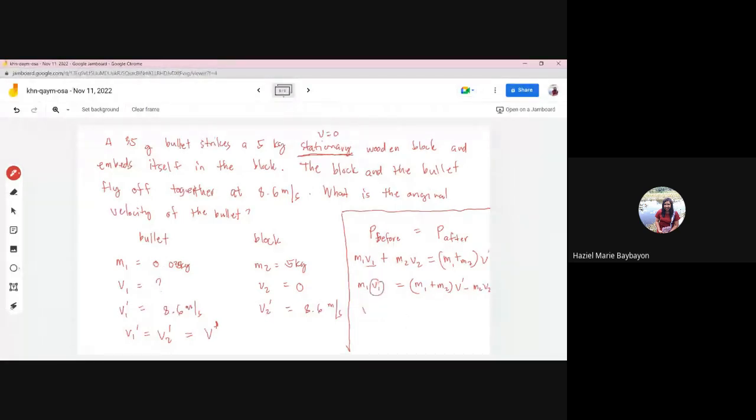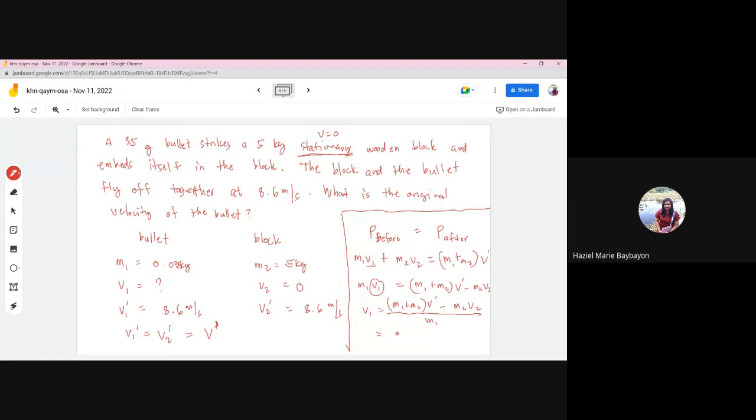So you have V1 equals M1 plus M2 times V prime minus M2 V2, divided by M1. These are just numbers on the right hand side; we will substitute the values later so we don't get confused.